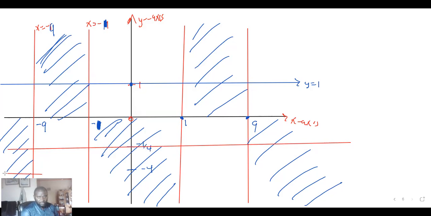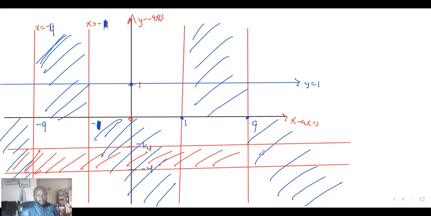In that part, the curve cannot pass there, so we shade it vigorously there. When the curve reaches there, it bounces.